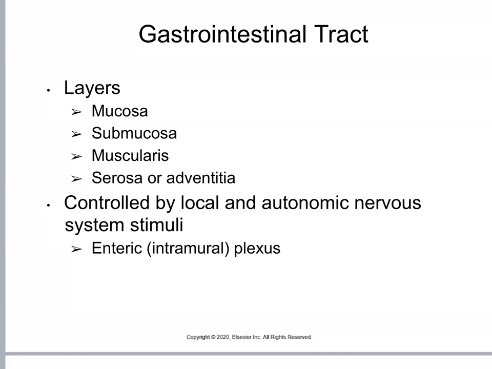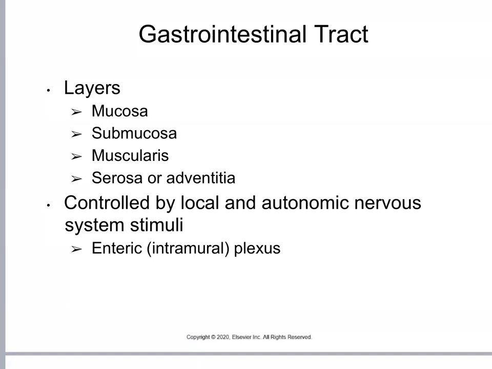The lamina propria, I'm sure my pronunciation isn't great, is a layer of connective tissue containing blood and lymph vessels for nutrient absorption. The muscularis mucosa is a thin layer of muscle that helps move the mucosa and increase contact with the food. And this just helps that food come into contact with the lining so that digestion can happen, so those digestive enzymes can be secreted and nutrients can be absorbed.